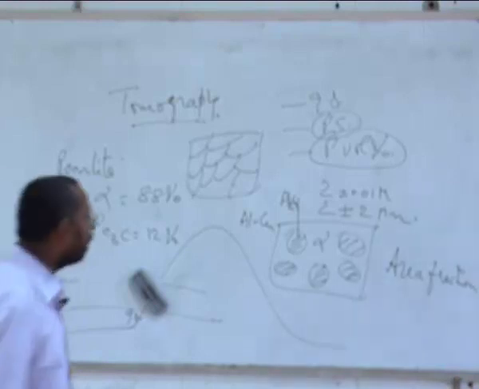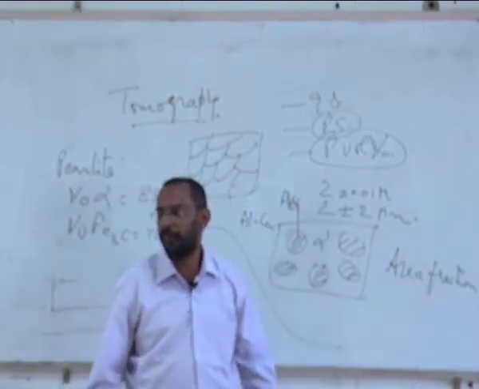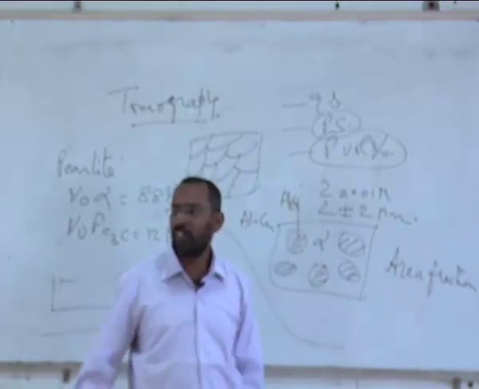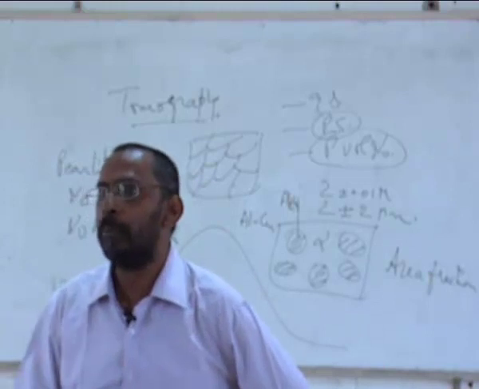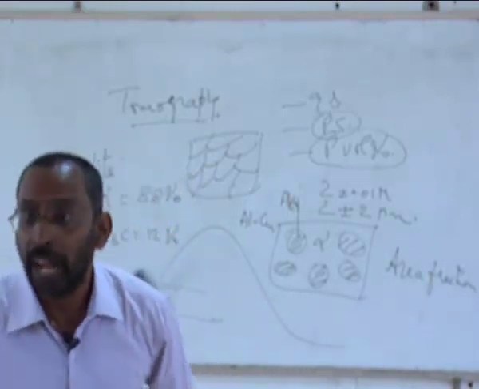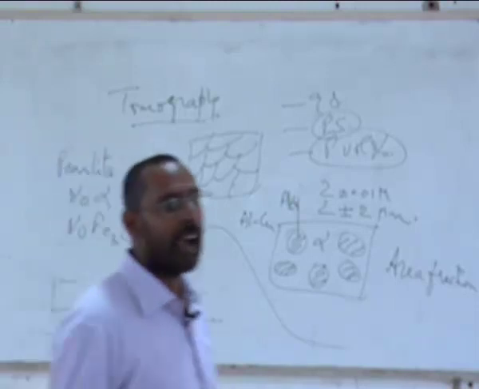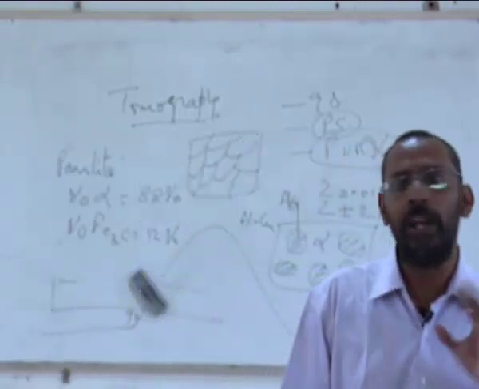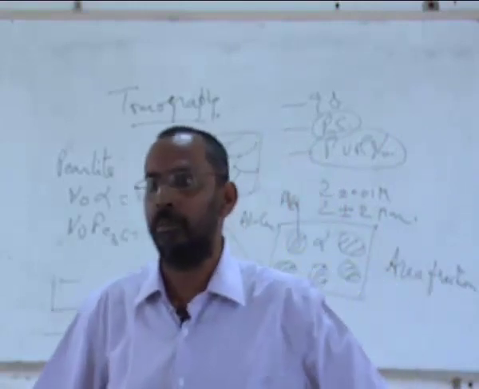Okay, and the Al2Cu, when I say composition, it has certain percentage, 33% atomic percent. If I convert it into weight percent, it gets something like 55% or so. That is what we mean by a composition. Composition means the concentration of elements inside a particular phase.